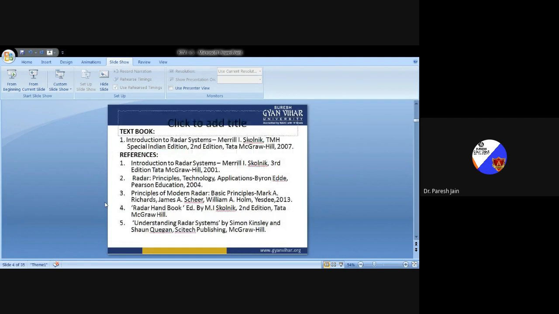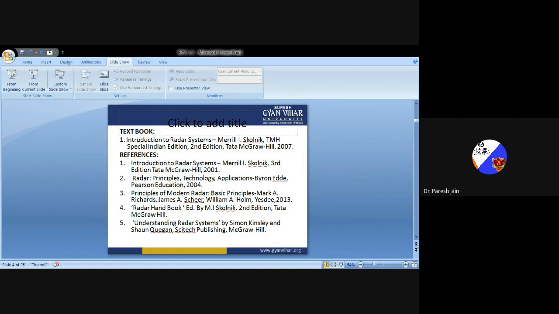Next is Radar Principles, Technology, Applications by Byron Edde, Pearson Education, 2004. The next book is Principles of Modern Radar: Basic Principles by Mark A. Richards, James A. Scheer, William A. Holm, 2013. Radar Handbook by M. I. Skolnik is published by Tata McGraw-Hill again.